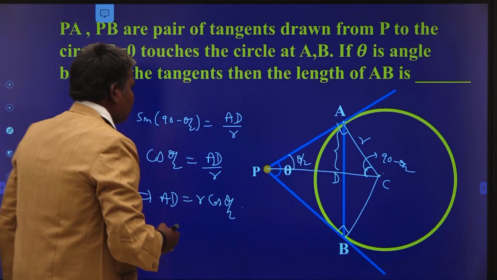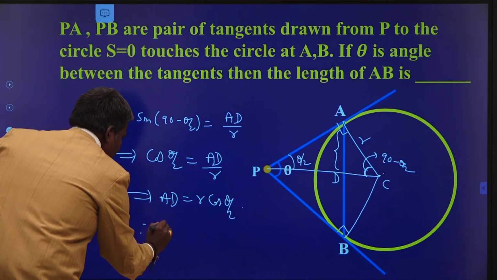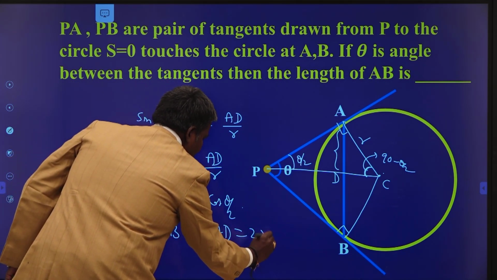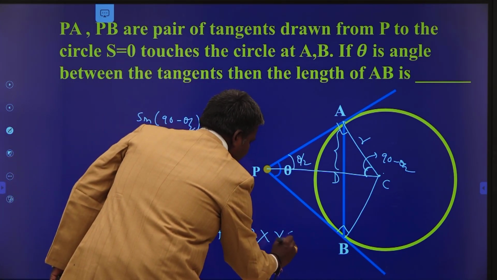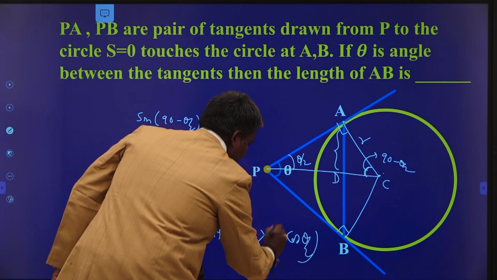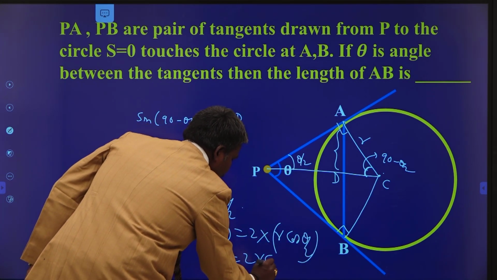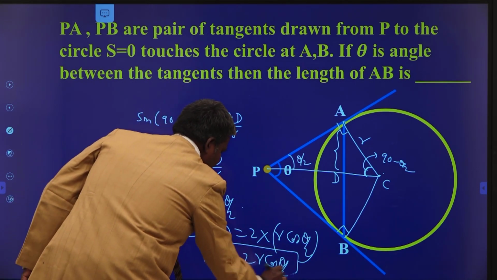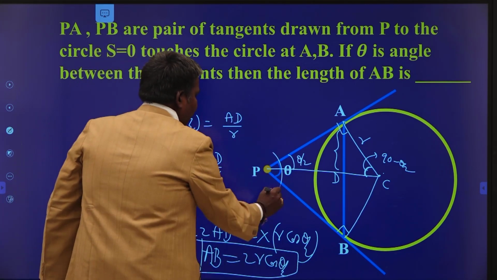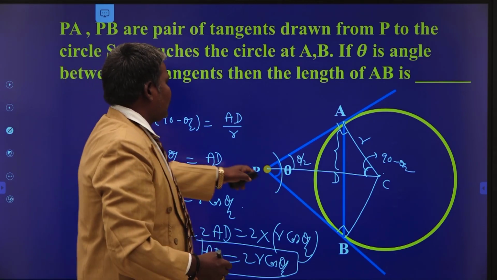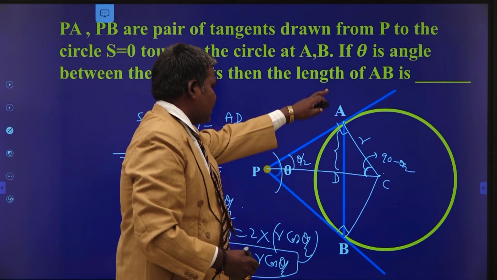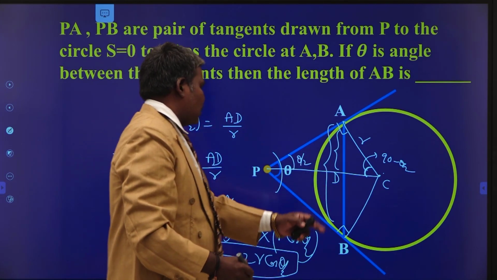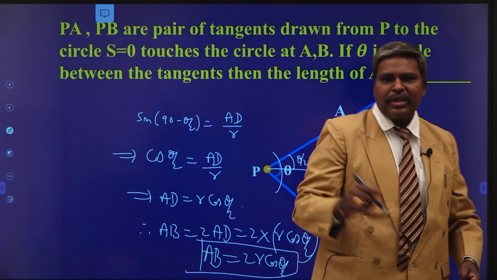So AB is nothing but 2 times R cos theta by 2. Okay, thank you.